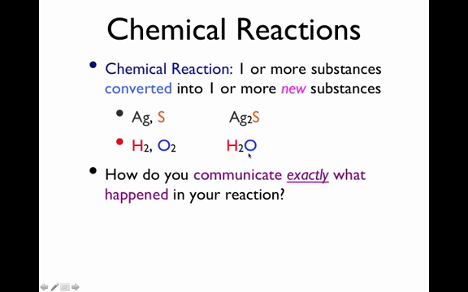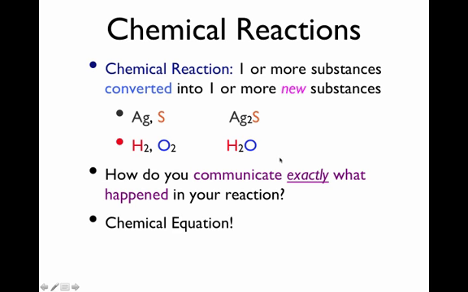The question is, if you performed a chemical reaction, how do you actually communicate exactly what happened in your chemical reaction? This is one way of doing this, listing the stuff that you started with and listing the stuff that you ended with. It turns out that these types of listings aren't terribly precise, and we'll talk about why they're not precise in the next bunch of slides, but there are more precise ways of describing what actually happened when you converted something into something else.